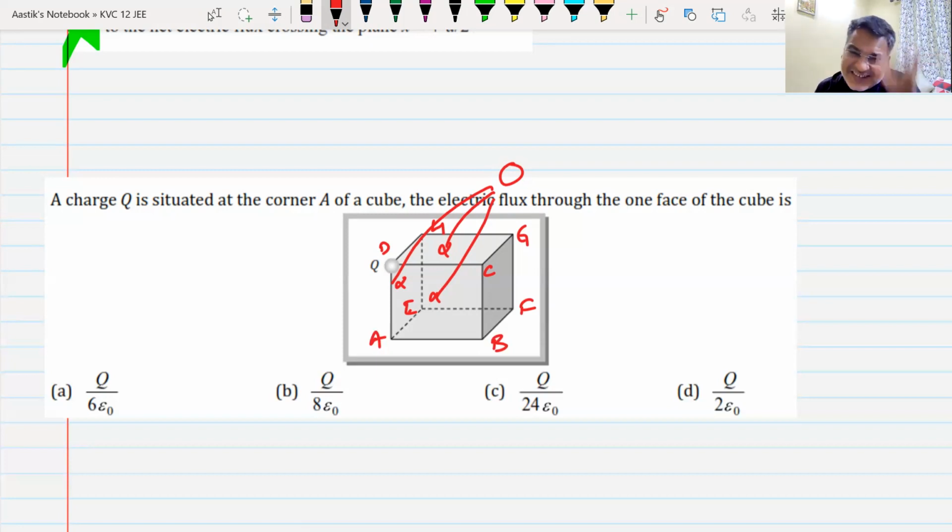Not 7, 8. 1, 2, 3, 4, 5, 6, 7, 8. I will need 8 cubes to enclose it. 7 additional cubes we are saying, sir. 7 additional cubes. The flux through the entire bigger structure will be Q by epsilon naught. Through any one of the cubes, the answer will be Q by 8. But through any of the faces, it will be 1/3 of it because all the three faces are symmetrical. So through any face, it will be Q by 24.